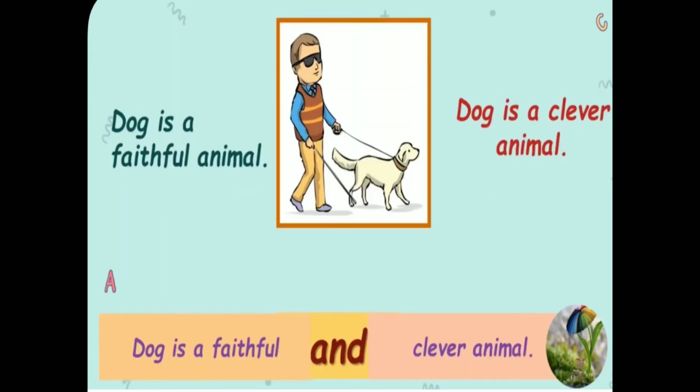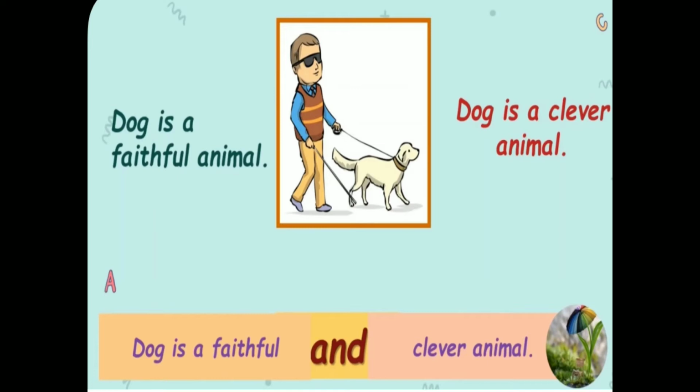Okay, dog is a faithful animal. Dog is a clever animal. Here we are talking about the dog and its quality. So when we join them, the sentence will be like this: dog is a faithful and clever animal.